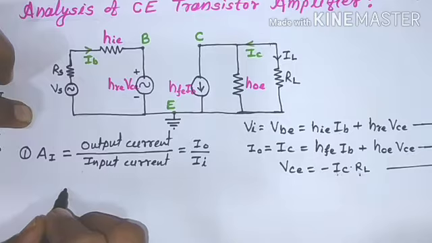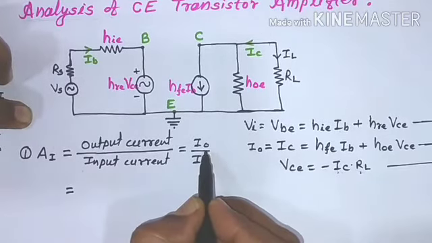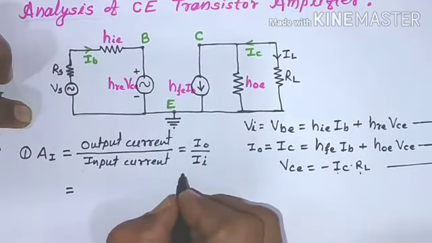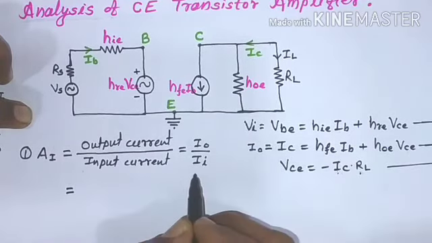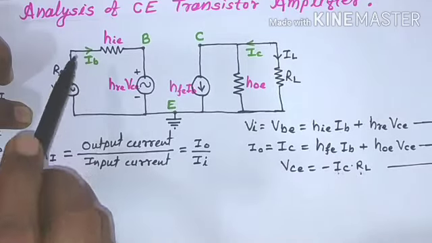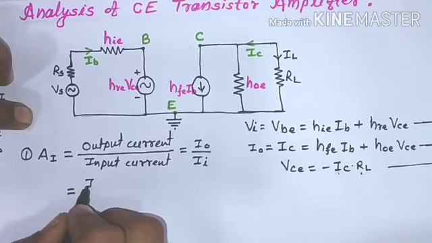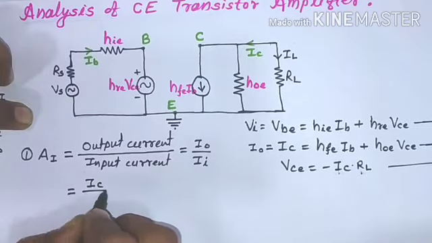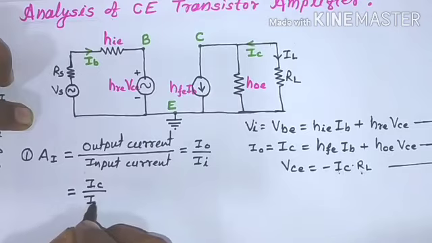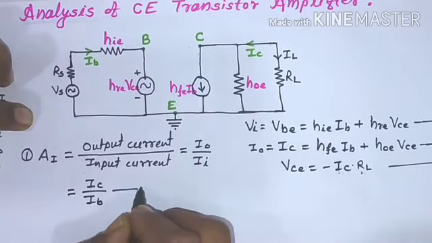Now IO is nothing but IC, the output current, and II, the input current, is nothing but IB. So IO means IC upon input current IB. Take this as equation number 1.